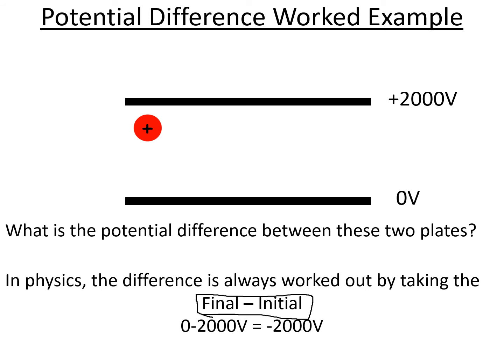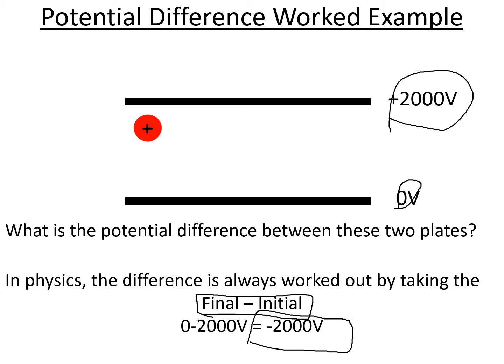Acceleration is v minus u over t, the final speed minus the initial speed over time. Okay? So the final potential is 0 volts. The initial potential is plus 2000. So if I sub it into my equation, I get 0 minus 2000 is equal to minus 2000 volts.